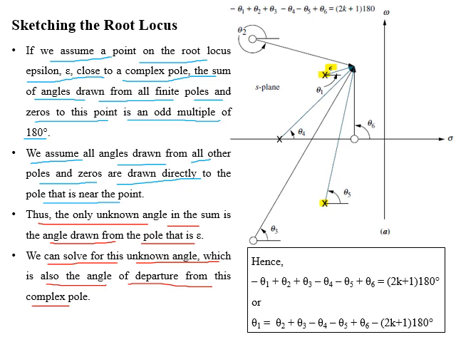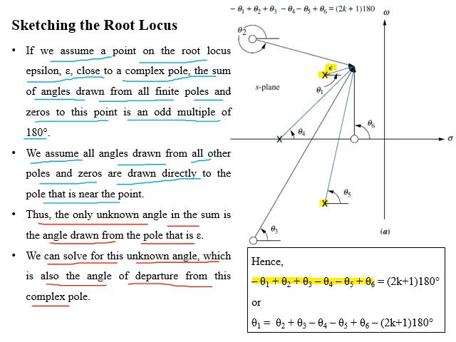And hence mathematically the relation of angles will be given by the sum of angles of zeros minus the sum of angles of poles equal to odd multiples of 180 degrees.